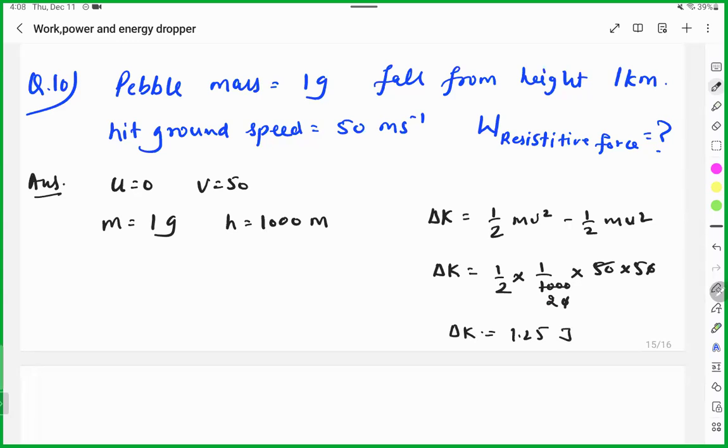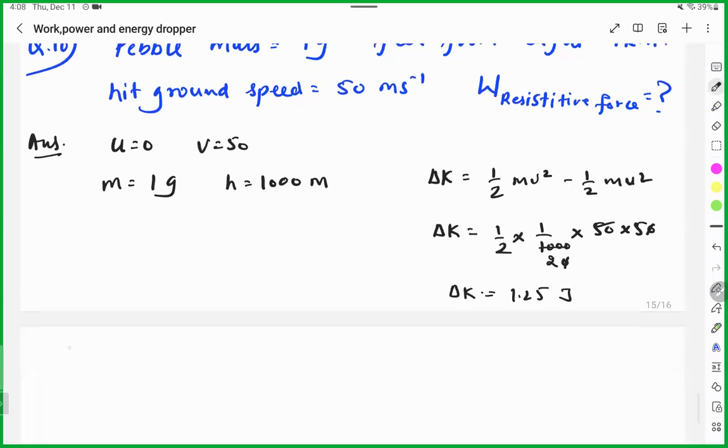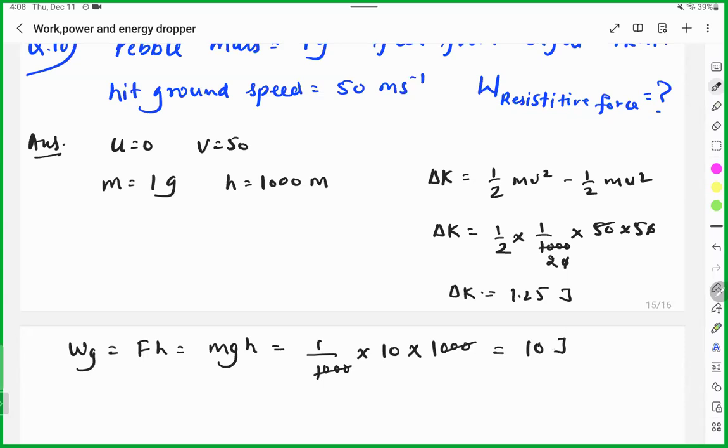Correct? And we are assuming g value is fixed, then work done because of gravity will be force into height. Force will be mg, times h. Correct? So what is the mass? 1 by 1000. g is 10 and height 1000. What is this? 10. So because of gravity, there is work of 10 joule. But kinetic energy we can see is 1.25 joule only.